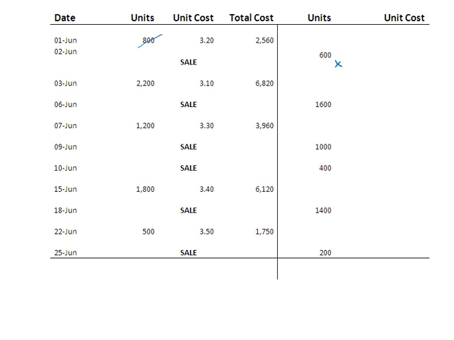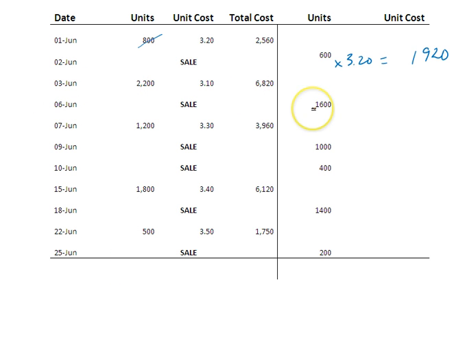So we had to sell them from June 1st, and that's $3.20. And so 600 times 320 is 1920. All right, then on the 3rd, no decision there.